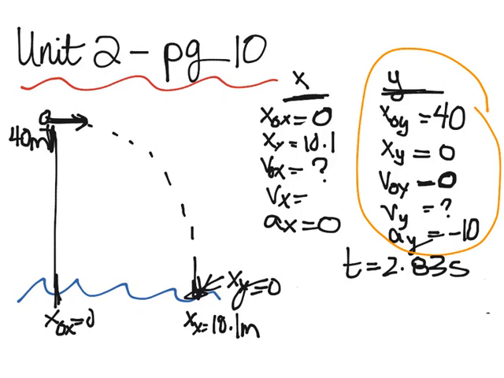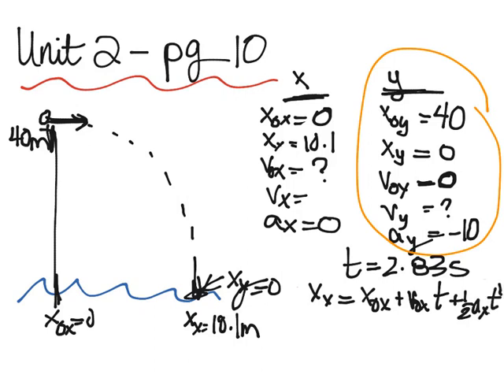Okay, so now we have the benefit of time, and we can use the first equation, but in the x direction. So we have xx equals x naught x plus v naught x times t plus 1/2 ax t squared.